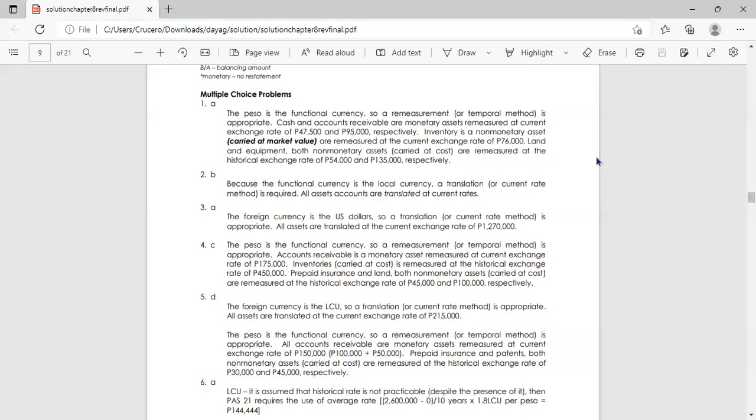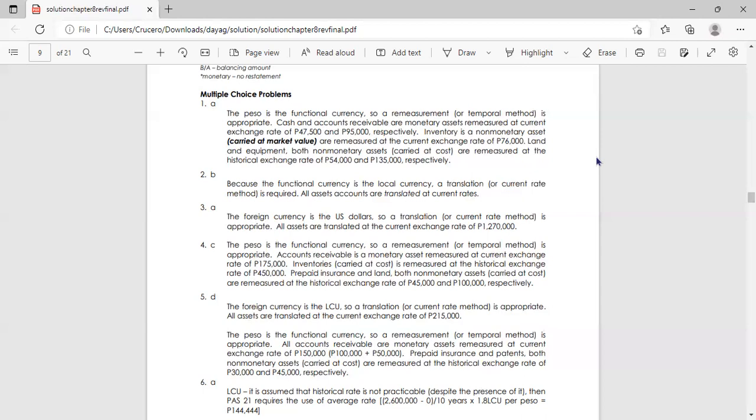The land and equipment, both non-monetary assets carried at cost, are measured at the historical exchange rates of 54,000 and 135,000.